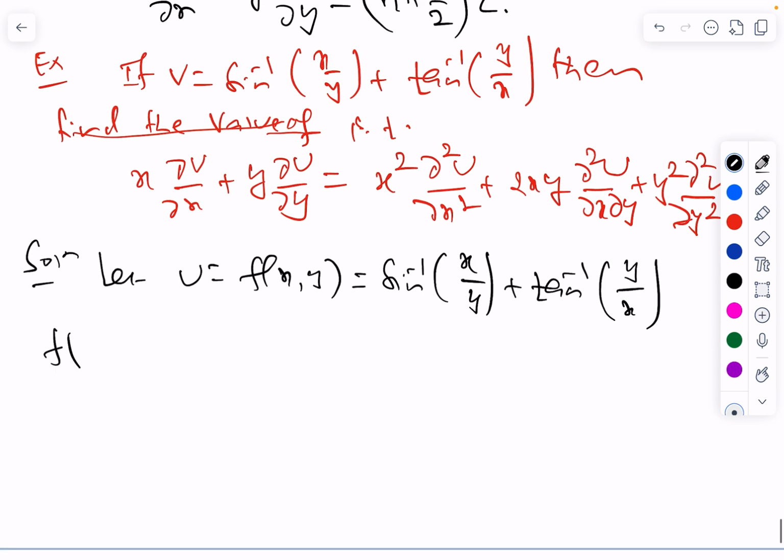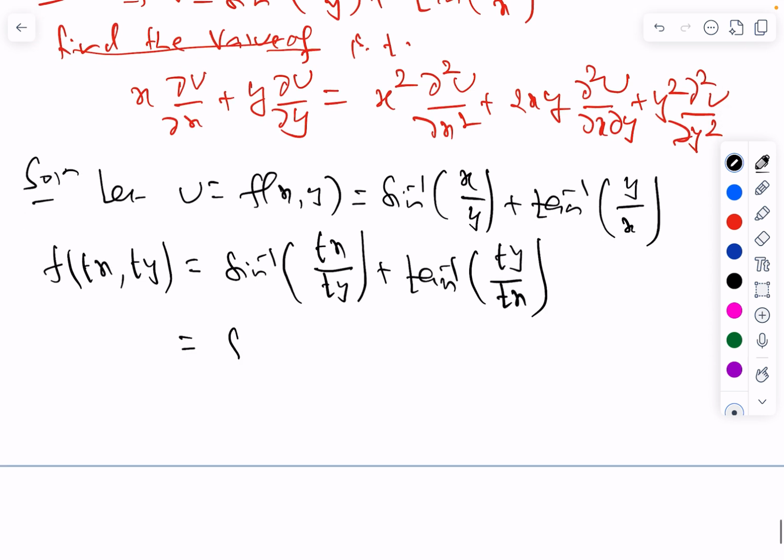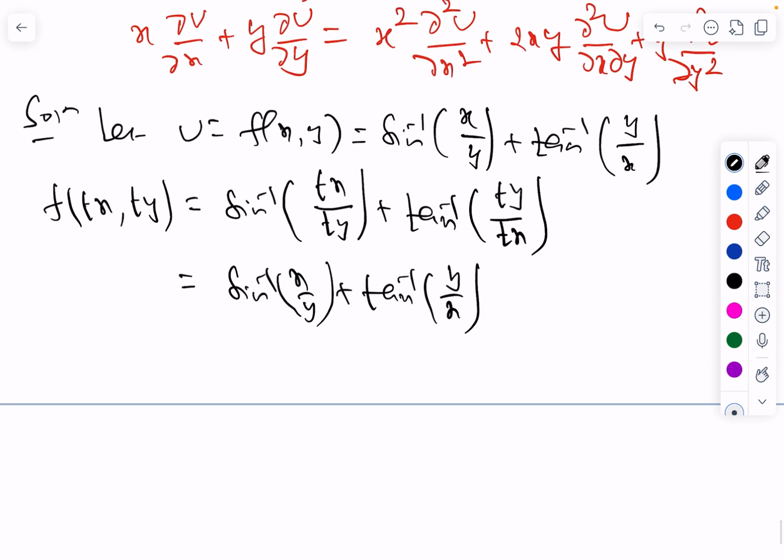So f of tx, ty equal to sine inverse of tx by ty plus tan inverse of ty by tx. This is equal to sine inverse of x by y plus tan inverse of y by x.